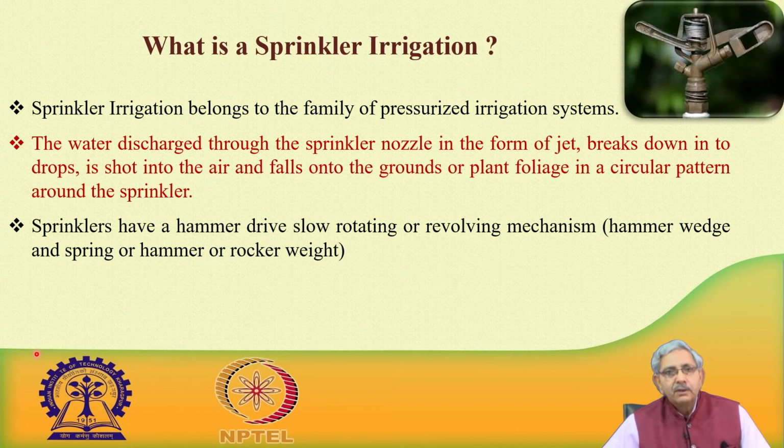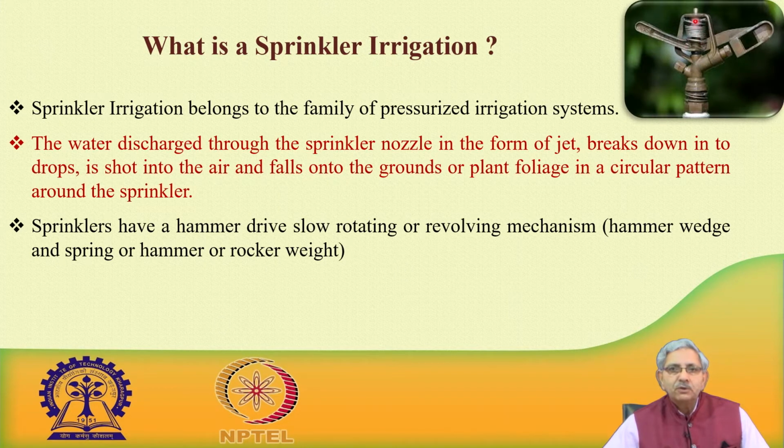Sprinklers have a hammer device. If you look at this one, there is a hammering device, and it is a slow rotating or revolving mechanism. There is a hammer wedge or spring.